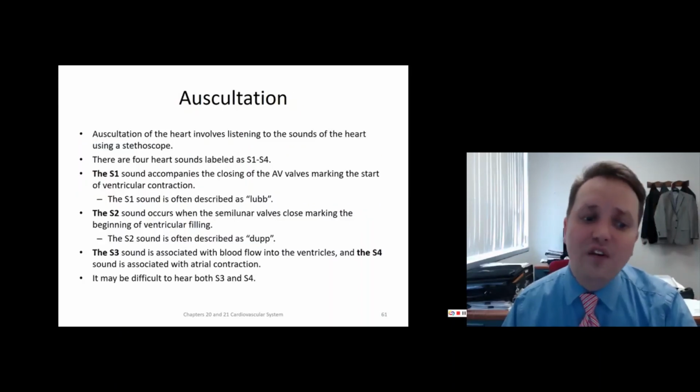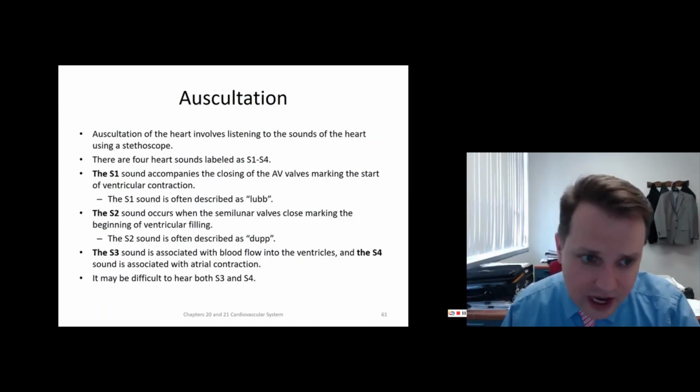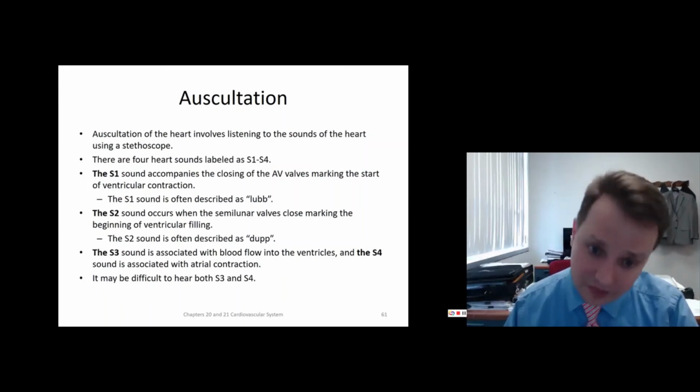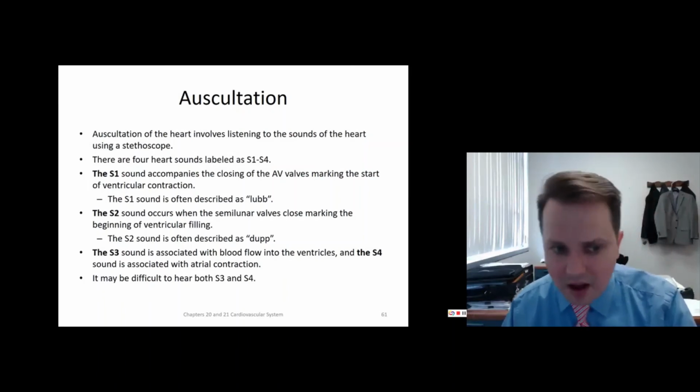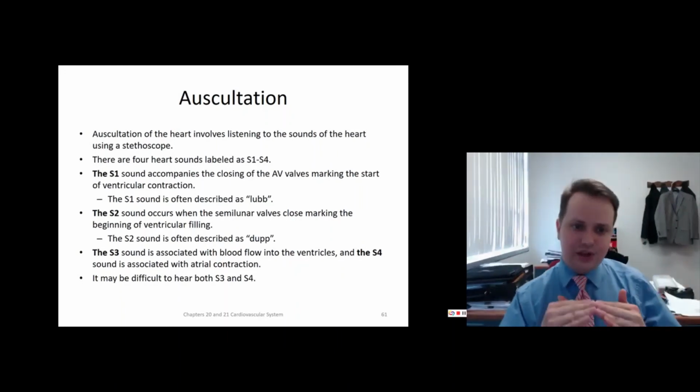Now there are four sounds in the heart that we can hear through cardiac auscultation. I will ask this in lecture, and I could ask this in lab. It will be on the lecture test for sure. Could be on the lab exam. There are four. S1 is when the AV valves close.